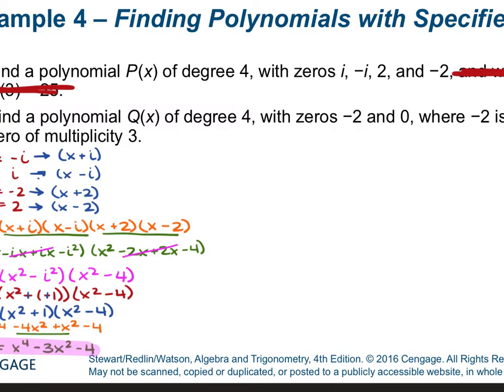For example, B, it tells us to find a polynomial q of x of a degree of 4 with the zeros of negative 2 and 0, where negative 2 is a 0 of a multiplicity of 3. So we have x is equal to negative 2 3 times, and x is equal to 0.